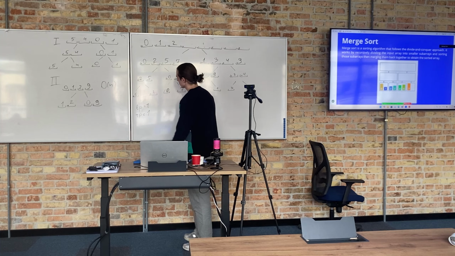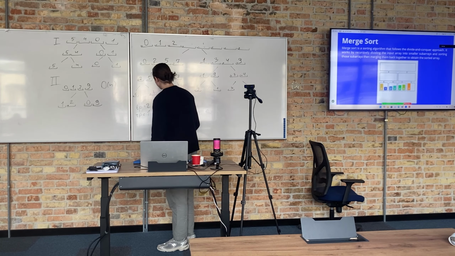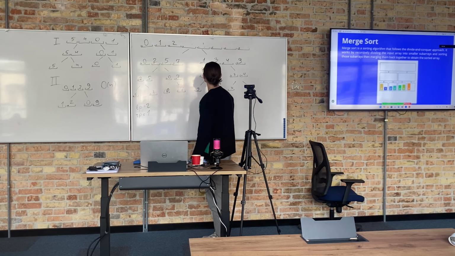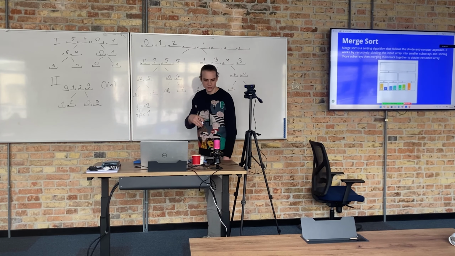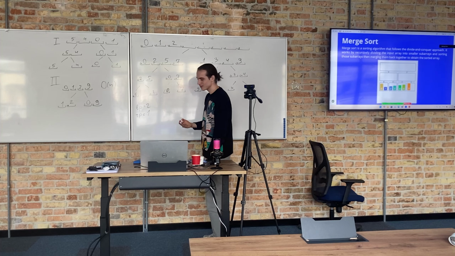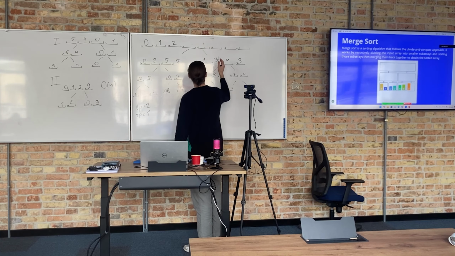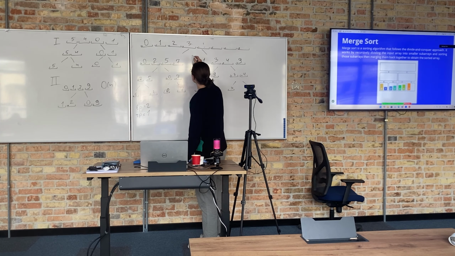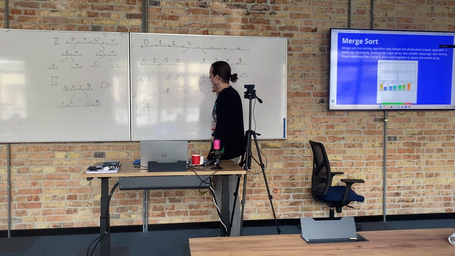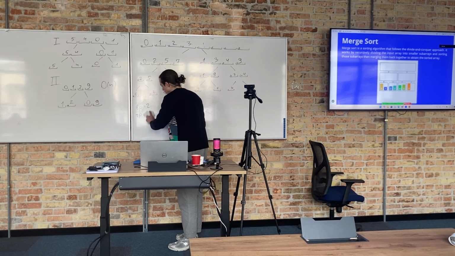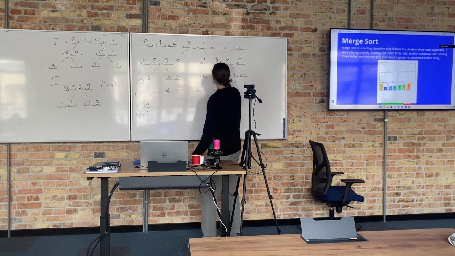So I think I need to repeat after you for the online guys. So then we compare 5 and 3, writing 3, then we change RP to 2 because we wrote the right element.